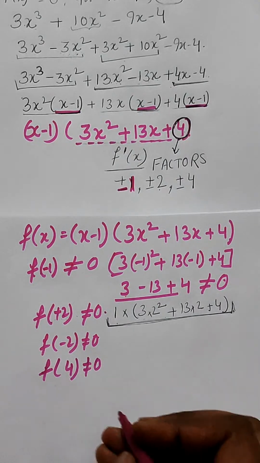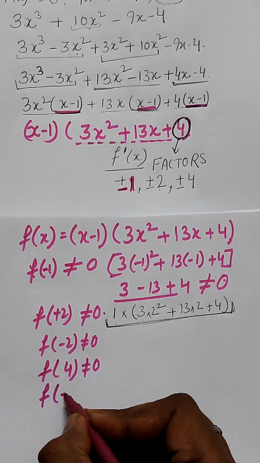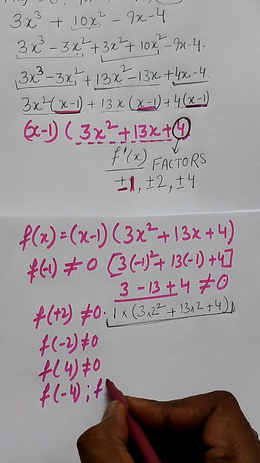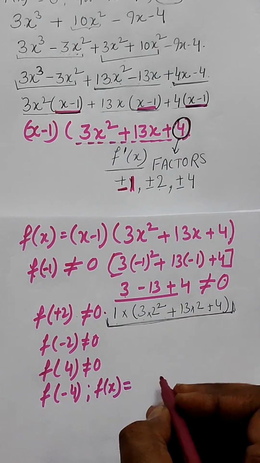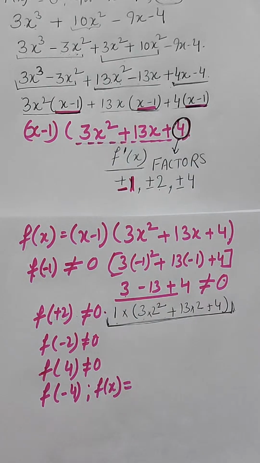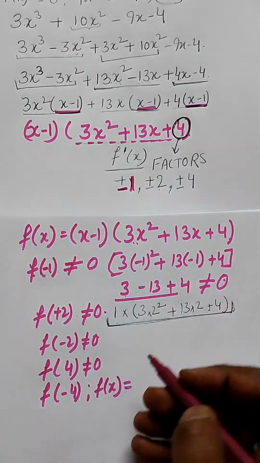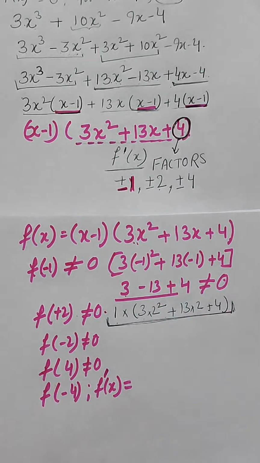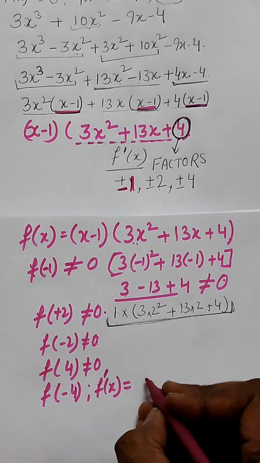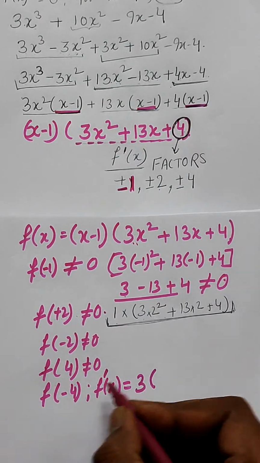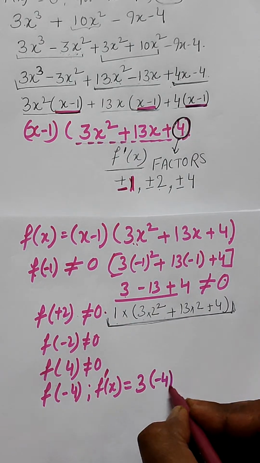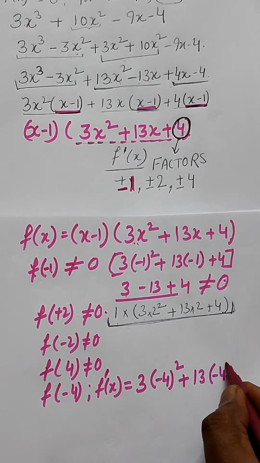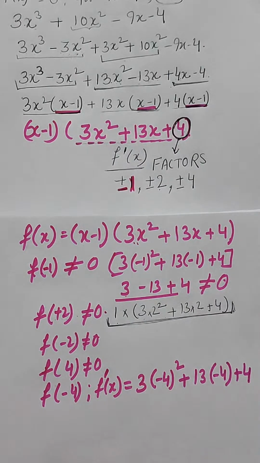But when you put x equal to minus 4, then the function f of x will look like this. f of x is 3 times minus 4 whole square plus 13 times minus 4 plus 4, right?